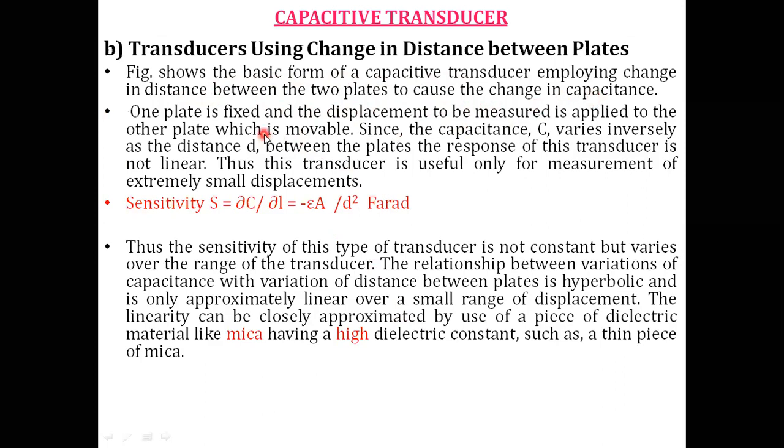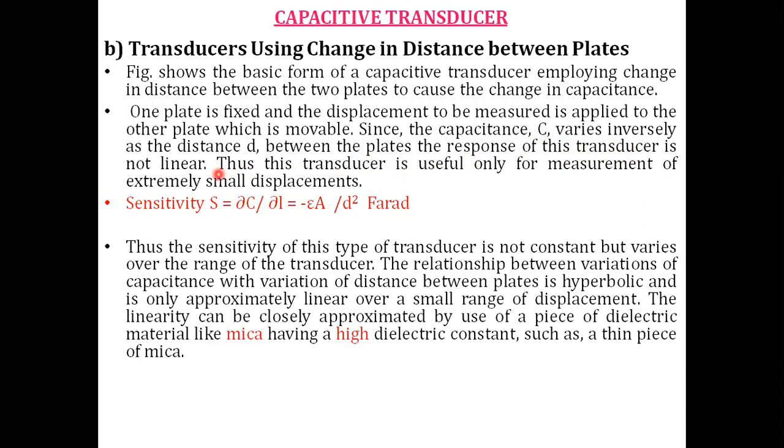One plate is fixed here, and the displacement to be measured is applied to the other plate, which is movable. Since the capacitance C varies inversely as the distance d between the plates, the response of this transducer is not linear. The response of this transducer is not going to be linear here.